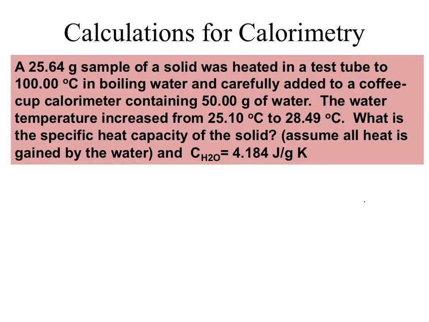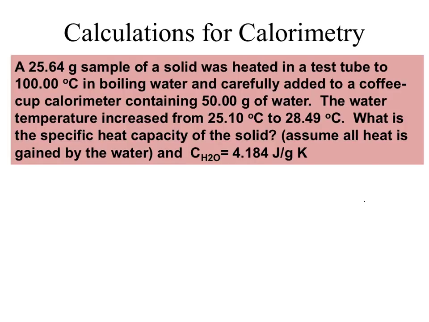In this calorimetry problem, we're taking a solid sample and heating it, and then we're going to add that solid sample into a calorimeter containing water. In this context, we are dealing with a solid that's not going to dissolve in solution, so we do not sum the total masses of the sample added to the water in the calorimeter.